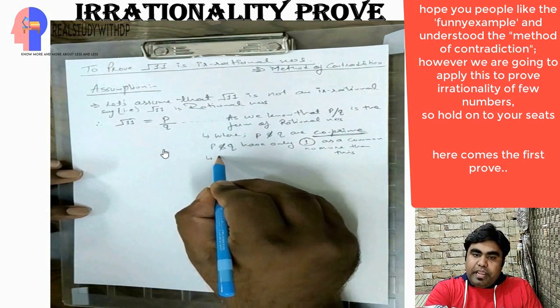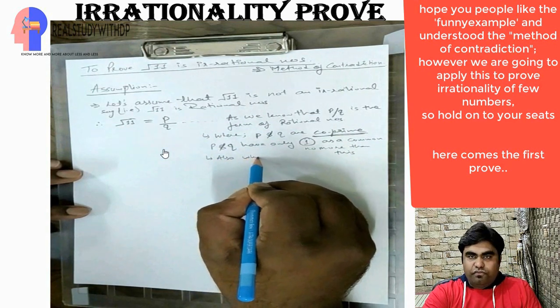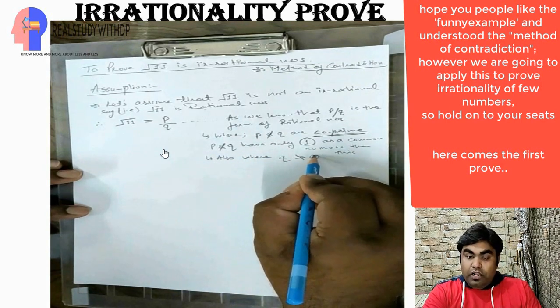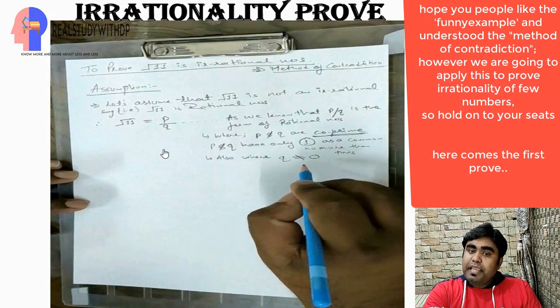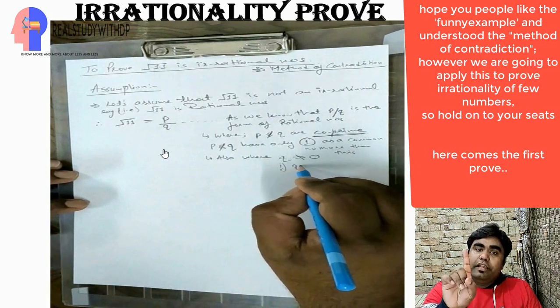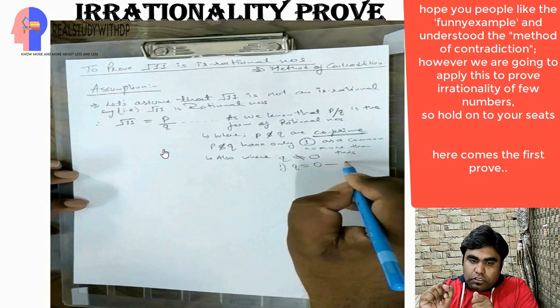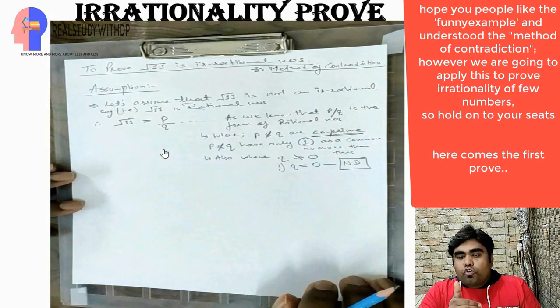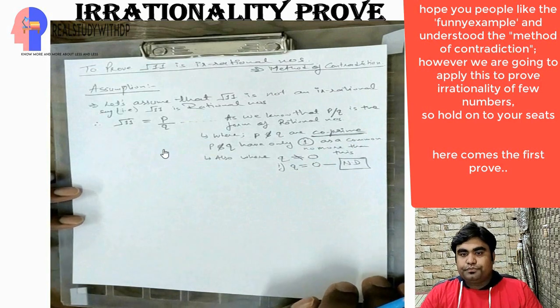That means p will have say n number of factors, q will have say n number of factors. However, p and q will have only one as a common factor. If this happens, p and q are co-prime to each other.